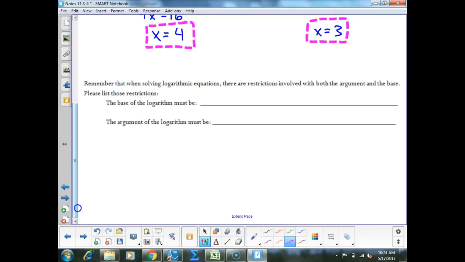It has to be positive, but what? Not equal to 1.